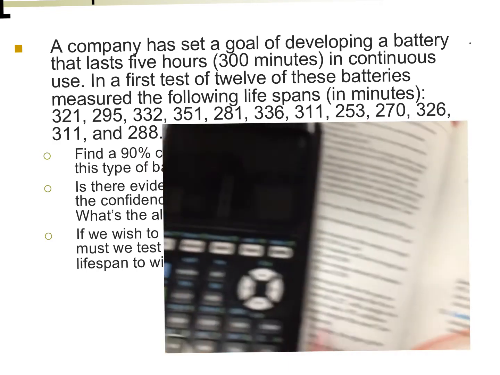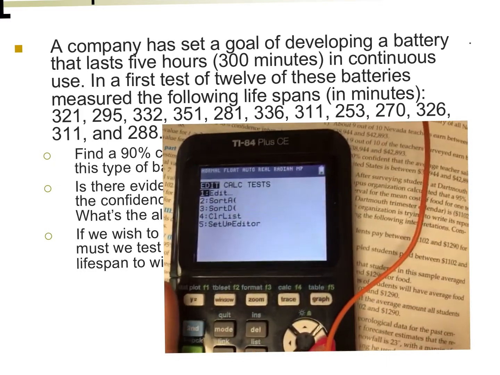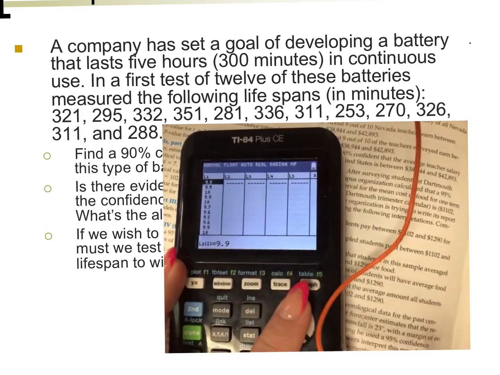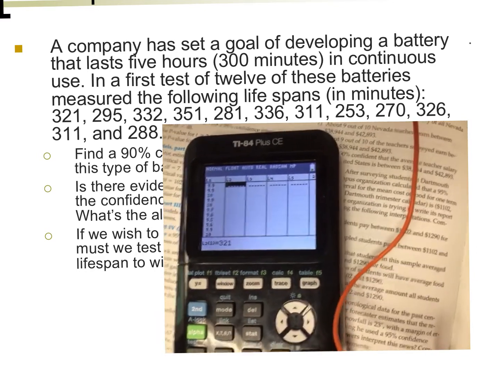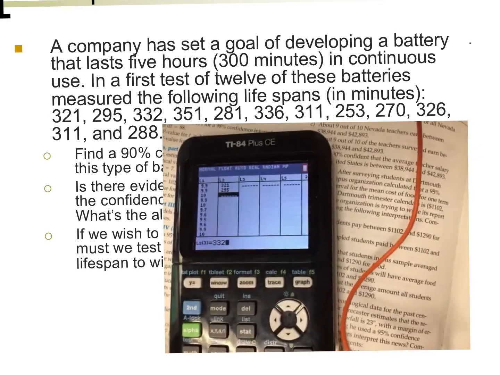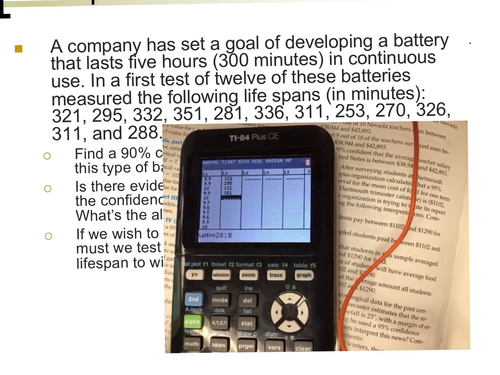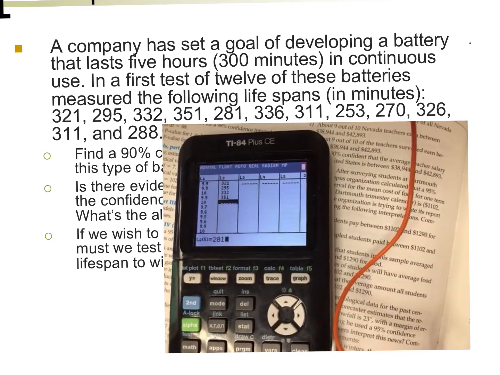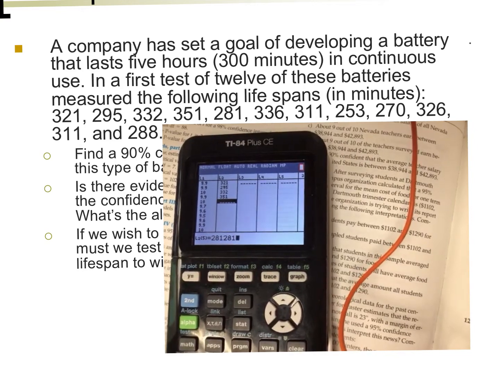In the calculator, Stat Edit, L1 is the data we used in yesterday's problem. I'll enter it in L2 just to keep it in there, not that we need it. Stat Edit is where you go to do this.